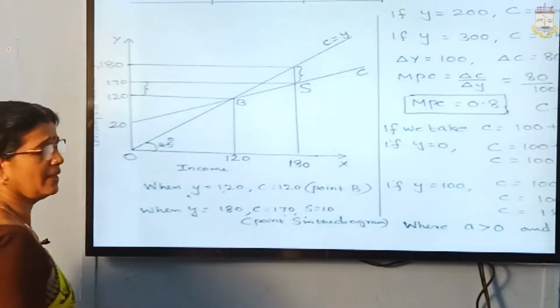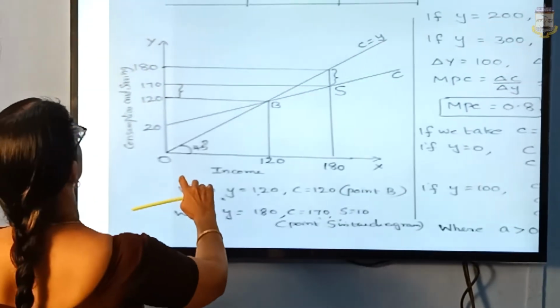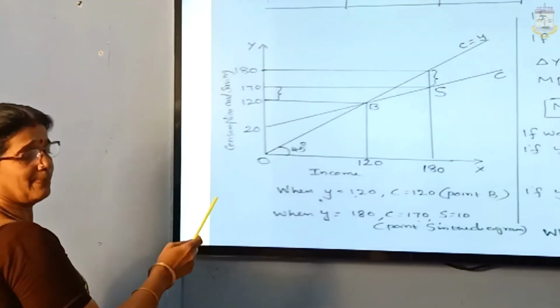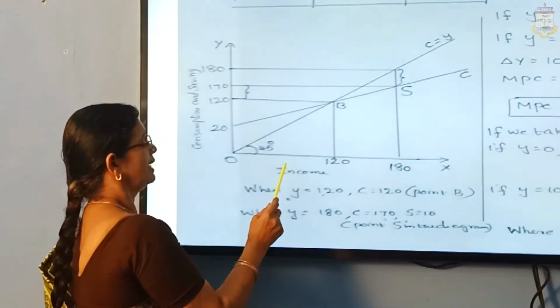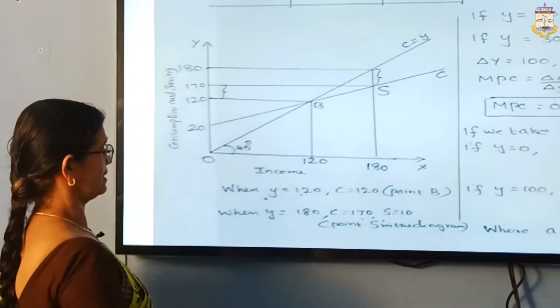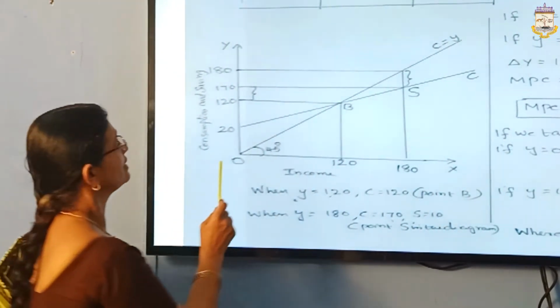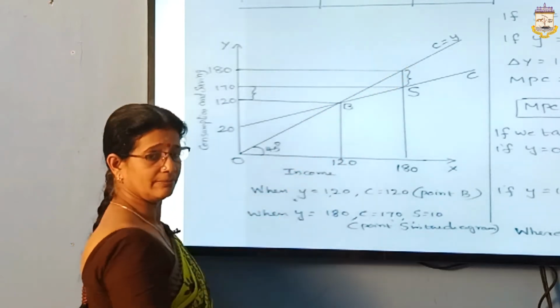Then the same thing we can express with the help of a diagram. Children, please have a look at this diagram. On the x-axis, income is represented. On the y-axis, both consumption and saving. This is a 45-degree line.